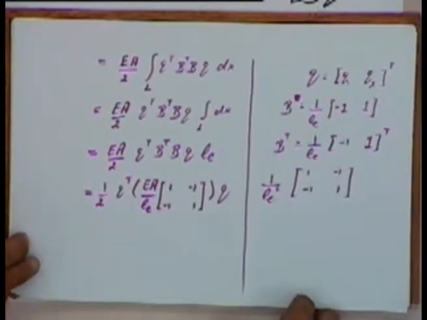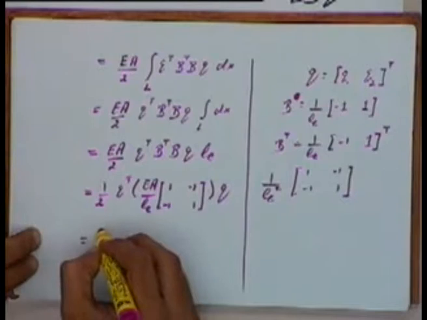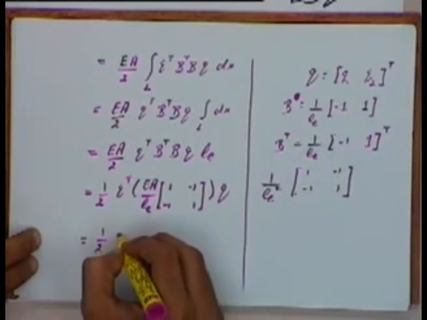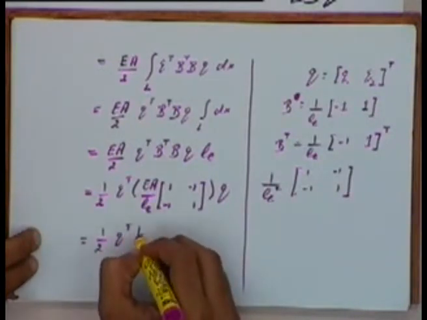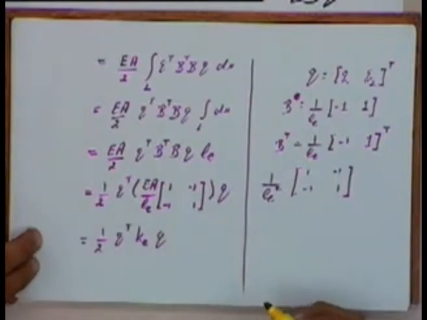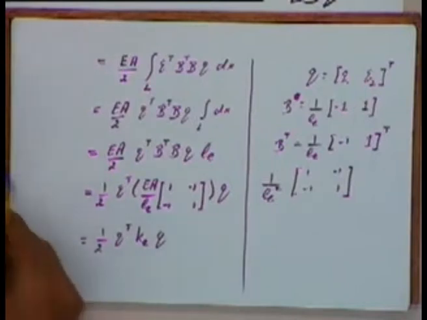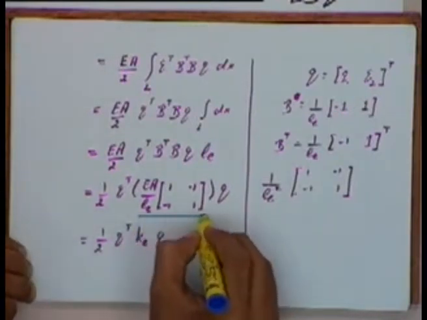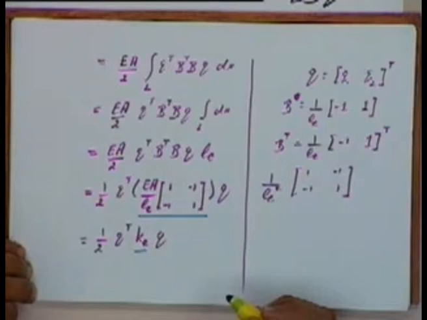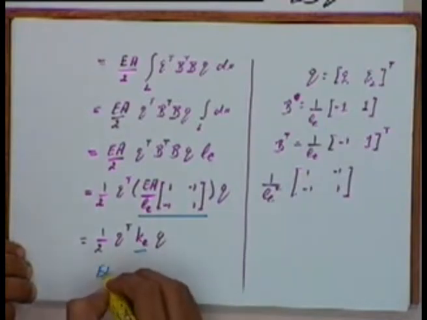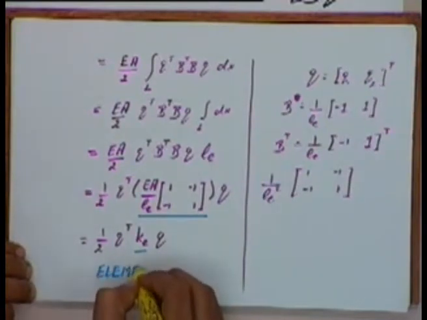So this I'll say is half of Q transpose KE multiplied by Q. This matrix is what we'll call the KE matrix, or we'll call this the element stiffness matrix.